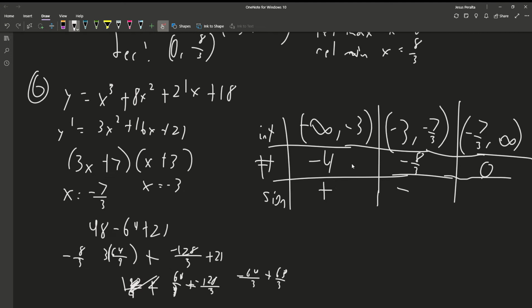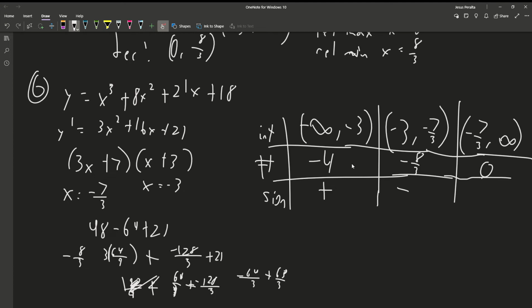So we have 3 times negative 8 over 3, squared, plus 16 times negative 8 over 3, plus 21, in which we would get negative 1 over 3.